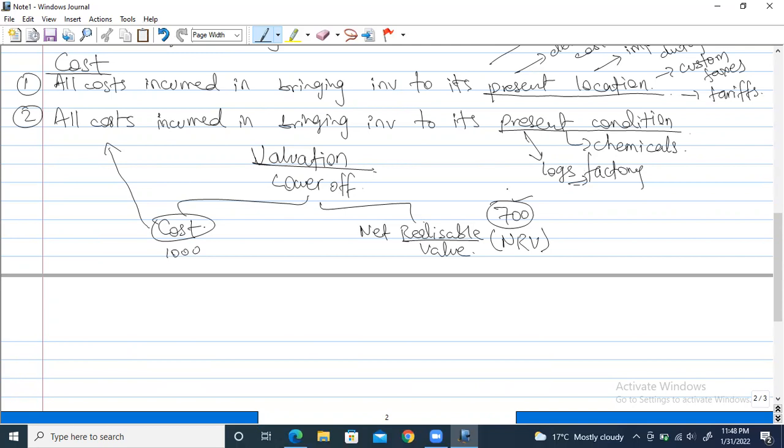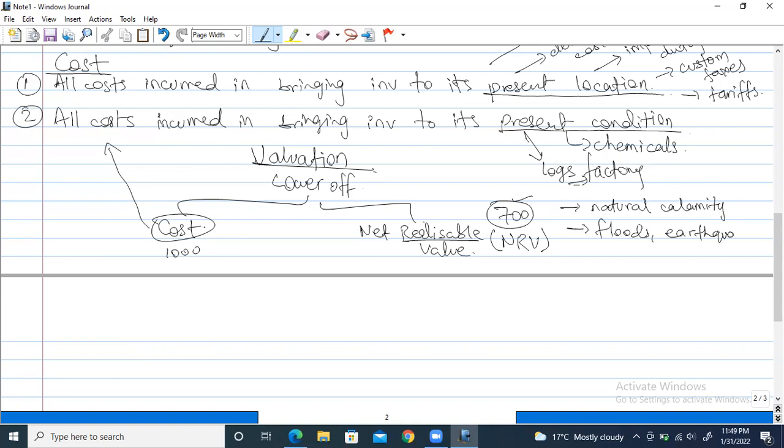Because the inventory might be damaged, right? The inventory might have a defective batch being created. Some things might have been defective while creating that specific batch, so we might have to sell it for a much lower price than the market price. Now let me write some reasons over here. There might be a natural calamity, for example floods, earthquakes.